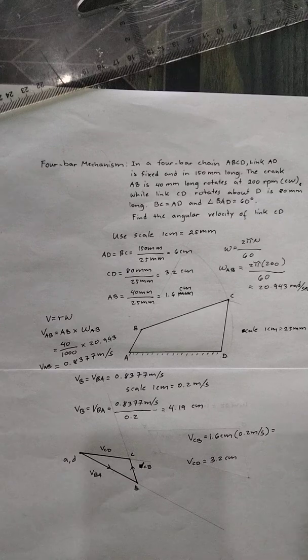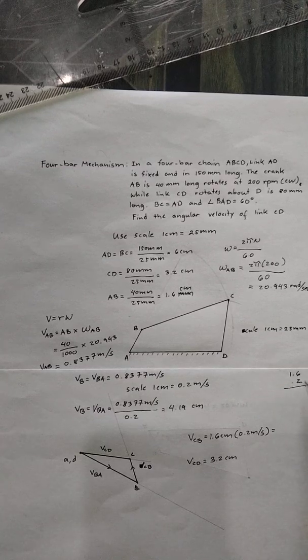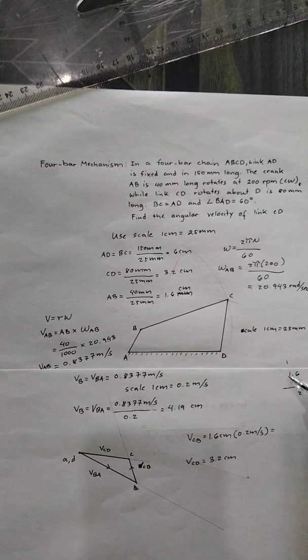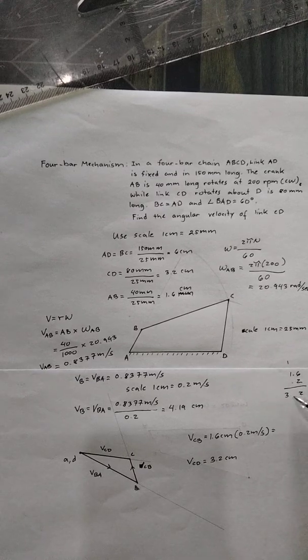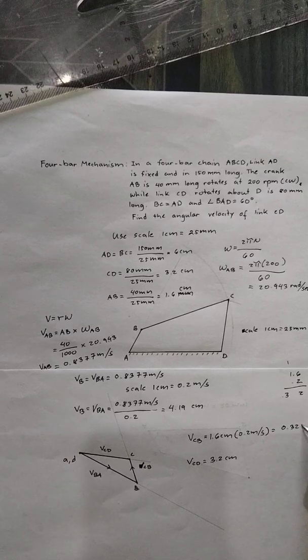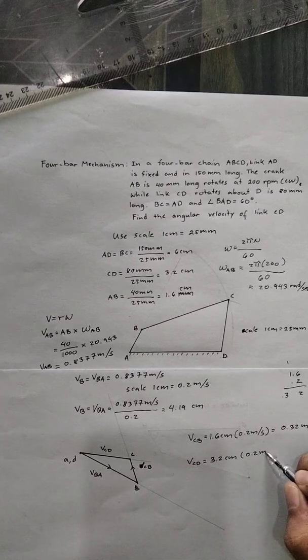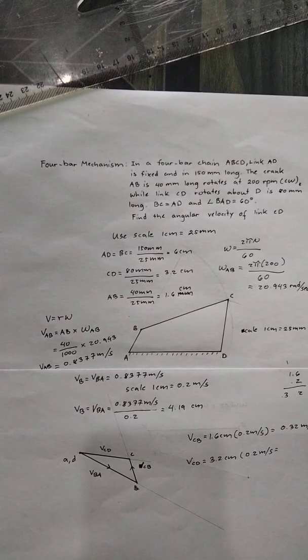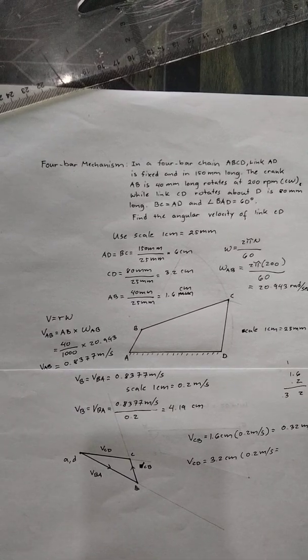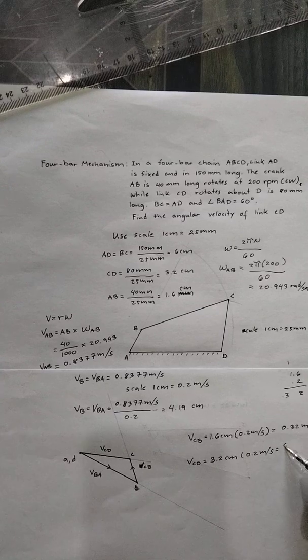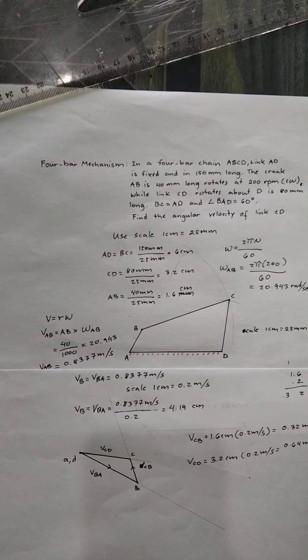So okay, 0.2 times 1.6, 0.32. So you have 0.32 meter per second, and this, 3.2 multiplied by 0.2 meter per second, is equal to 0.64 meter per second.